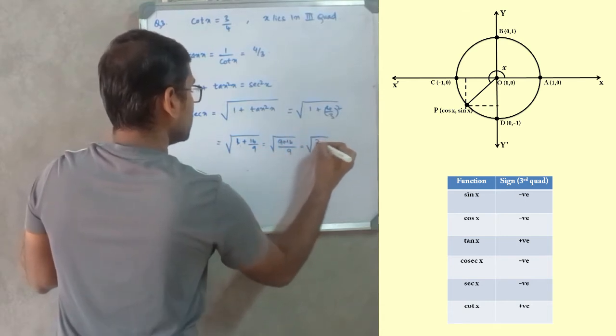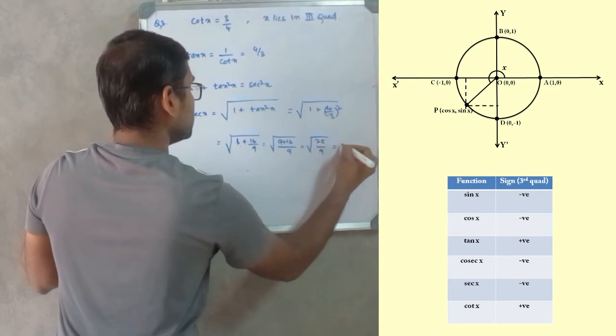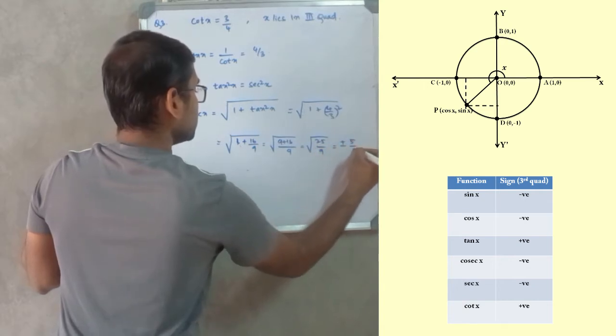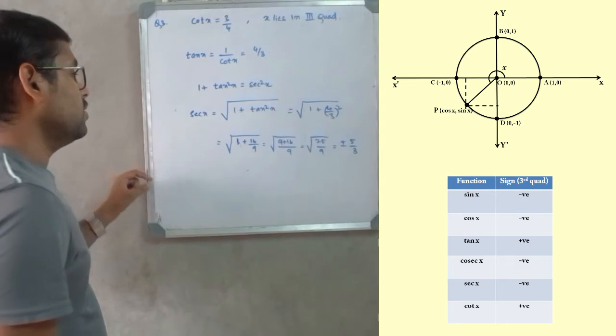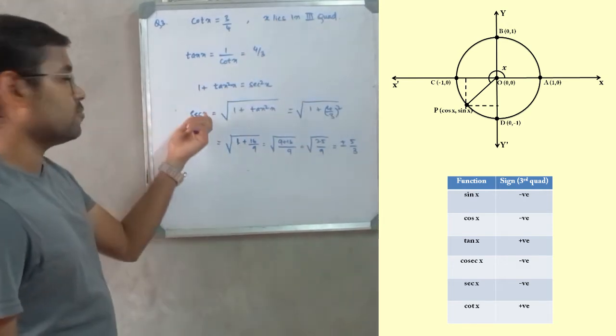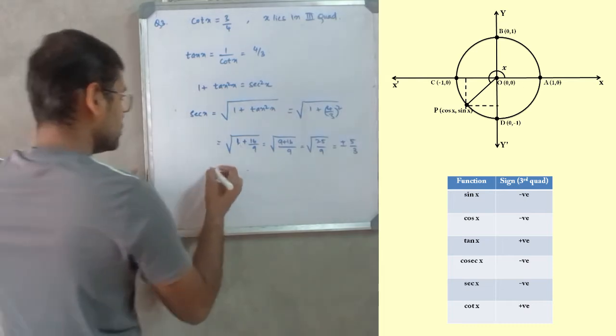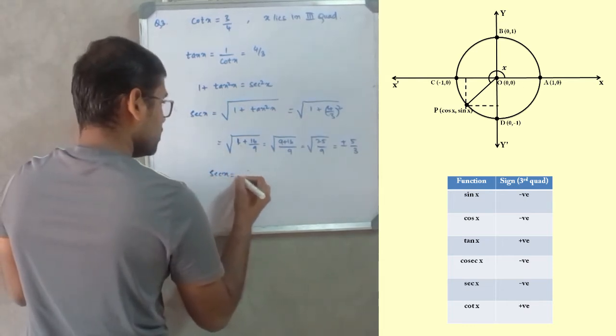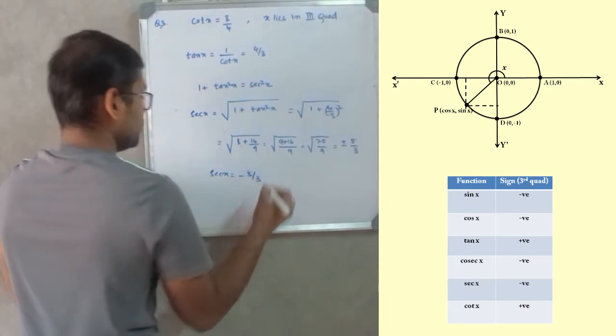This will be 25 divided by 9, which will be plus or minus 5 by 3. Since here x lies in the third quadrant, the value of sec x will be negative. So I will choose the value of sec x as minus 5 by 3.